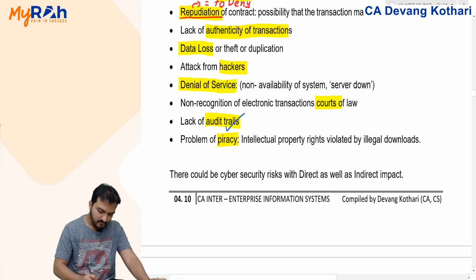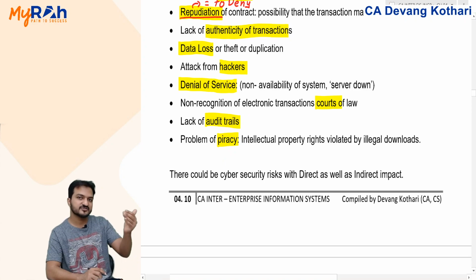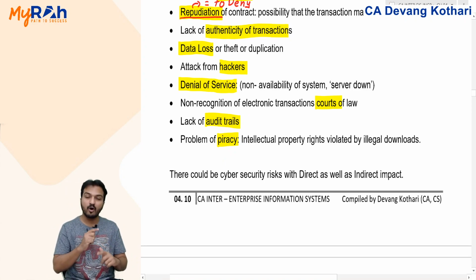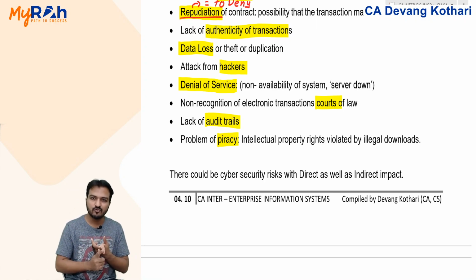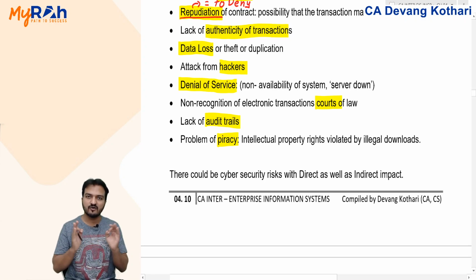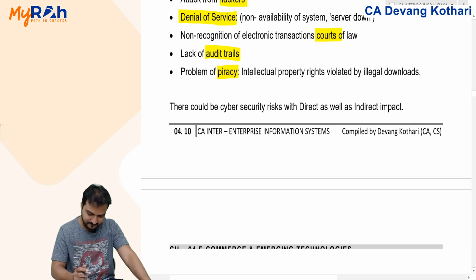Problem of piracy. Piracy is basically using somebody else's content, the copyright-protected content of someone else. Like when you download pirated movies or pirated software, that is a violation of law, and that is a big problem in e-commerce right now.